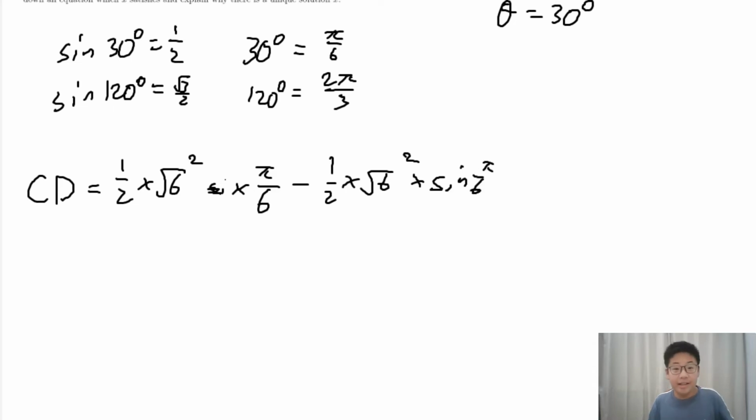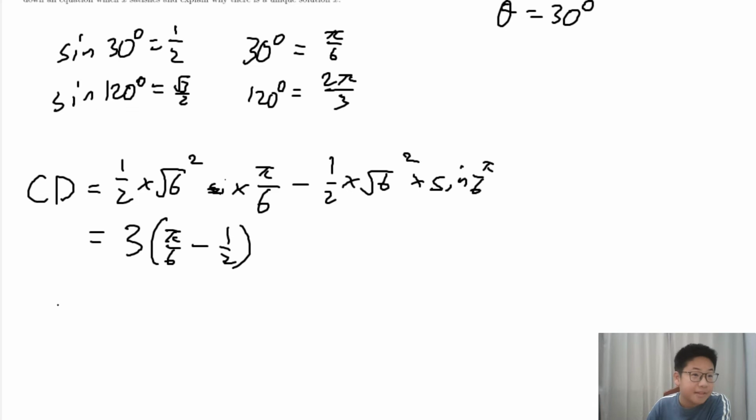As you can see, a similar calculation comes up when you're trying to cut a pizza, but we won't go through that. We'll only go through that later. It goes to 3 pi over 6 minus half. So small CD, I'll label it like this. So half, and what's the radius again?